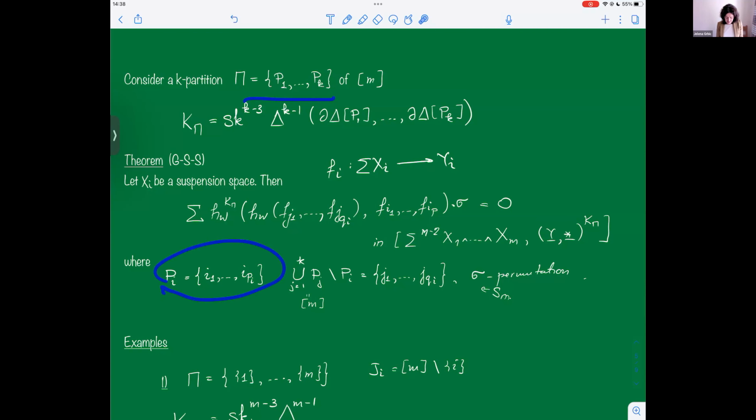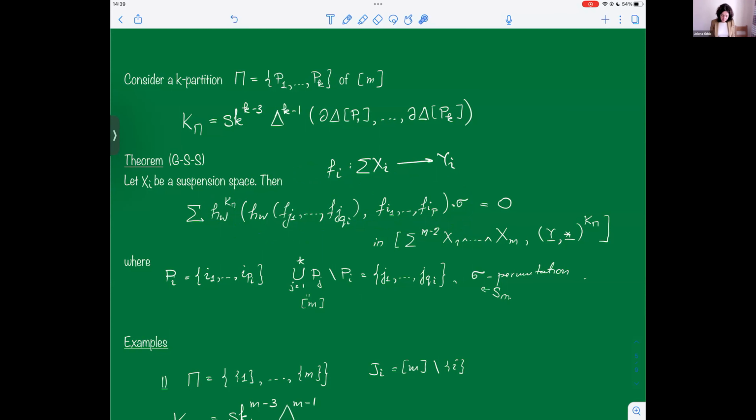Namely, if we have a set of pi, then the inner high Whitehead map that we are taking is a high Whitehead map of the complementary maps F_j1 to F_jqi, and then in the outer high Whitehead product, we have the high Whitehead product of these complementary maps that are labeled by pi.